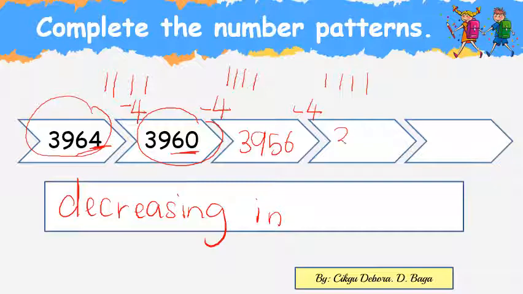So this one will be 3952. And the last one also you need to minus 4. 52, 51, 50, 49, 48. So this one will be 3948.